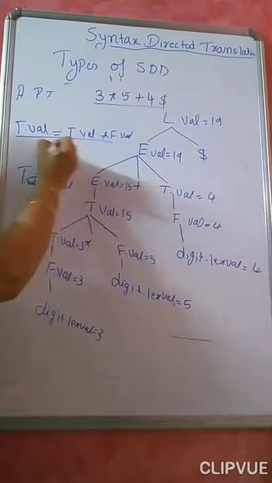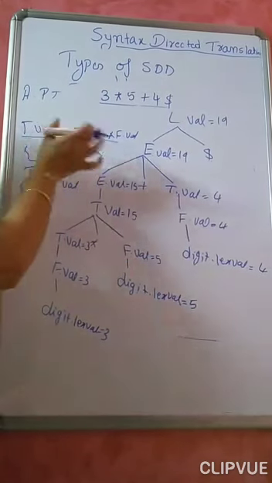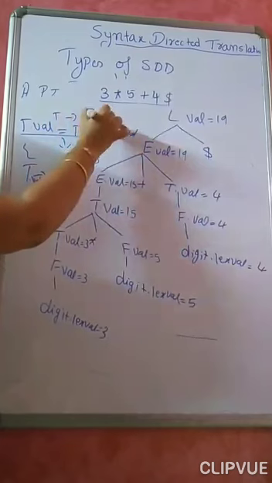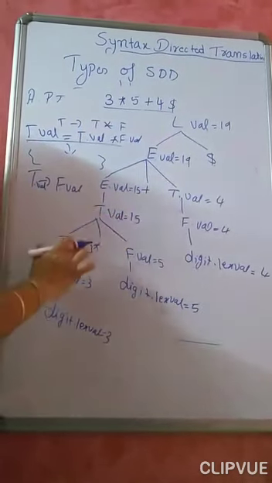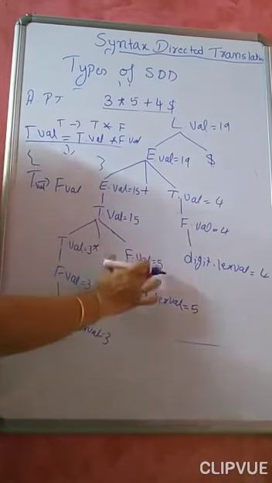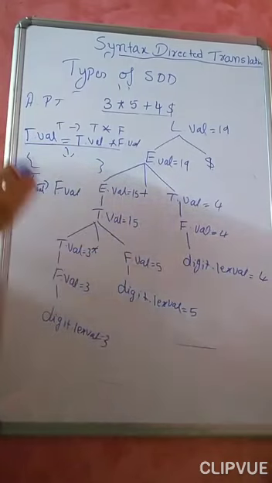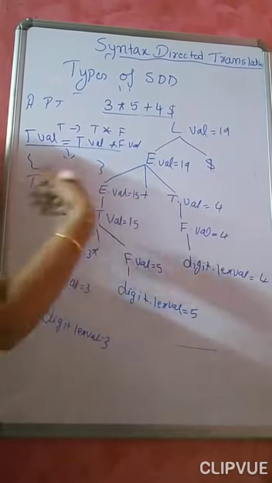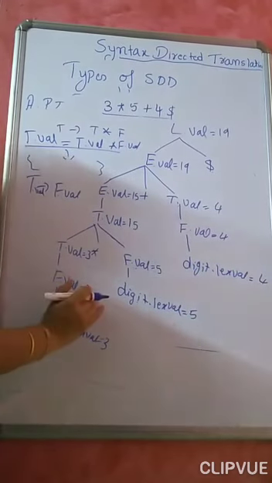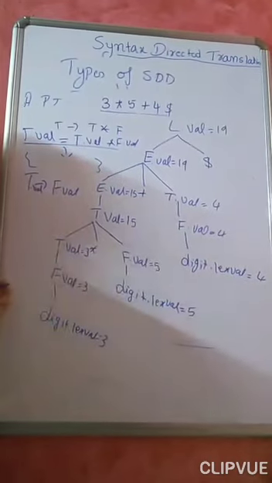The value of T is the T value multiplied with the F value. That is your final T value. Whenever I apply any production, I apply the associated action and find out the attribute value.